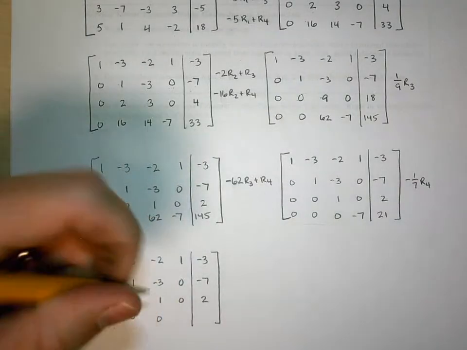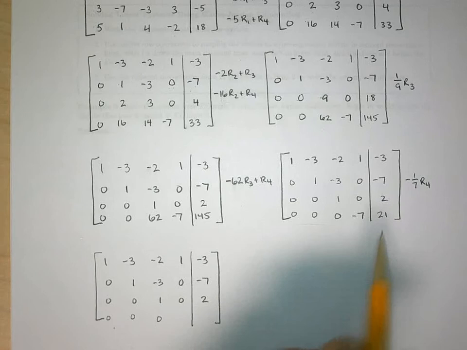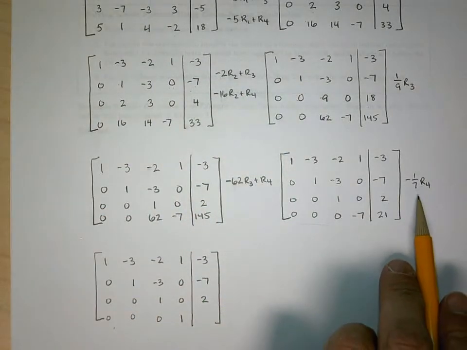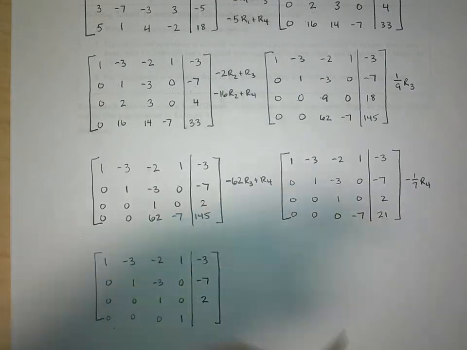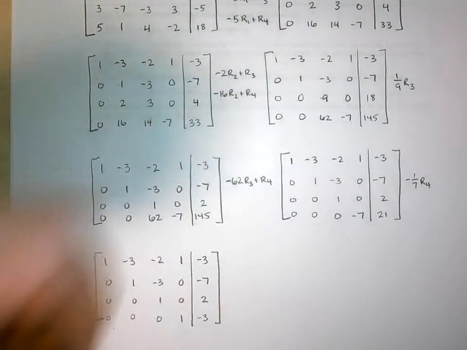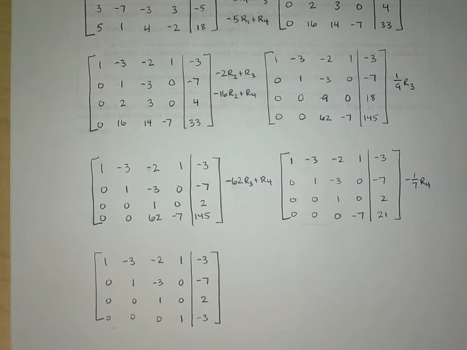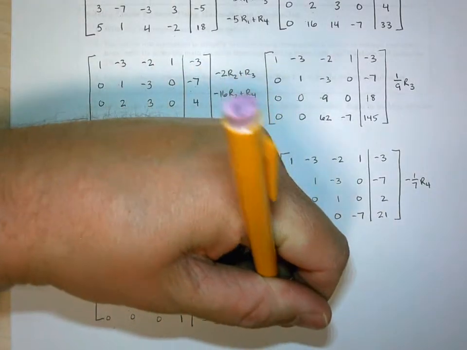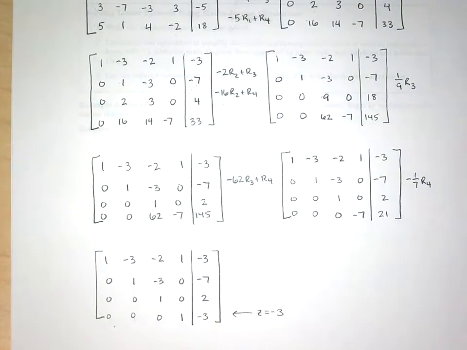Negative 1/7 times negative 7 is 1. That was the whole point. Negative 1/7 of 21 is negative 3. We're finished with the matrix part, and we know that now because we have 1's going down the diagonal and zeros below those 1's. We can conclude in the fourth row that z is negative 3. 1z equals negative 3 is what that equation says.